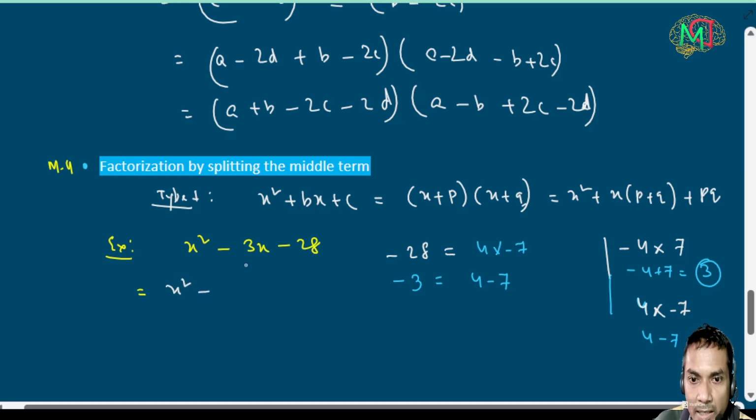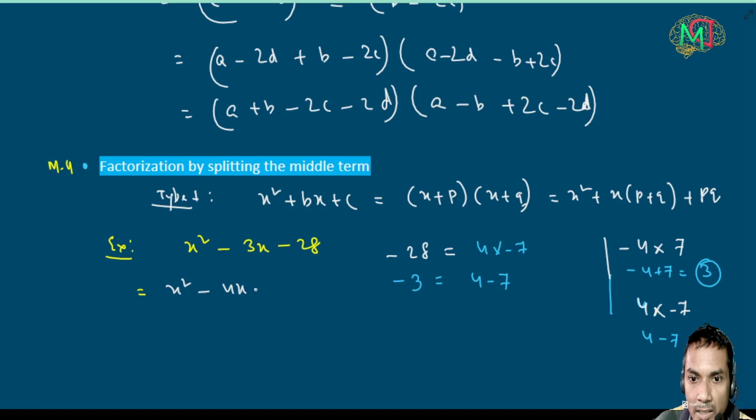From here we get minus 3 is equal to 4 minus 7, so 4x minus 7x. This sum is actually minus 3. Next is minus 28, keep as it is.